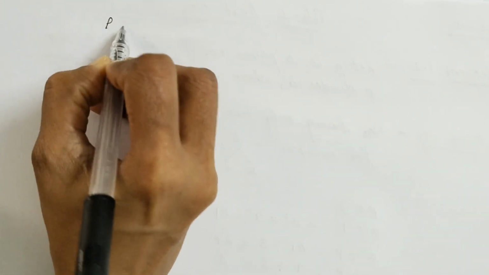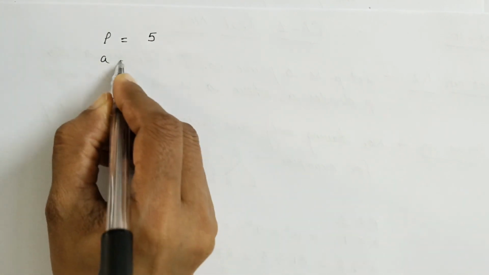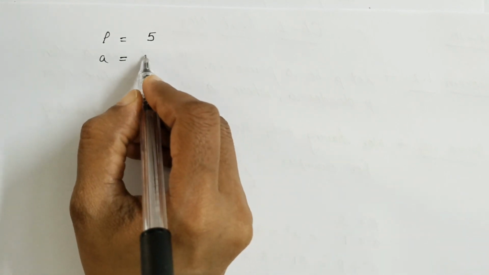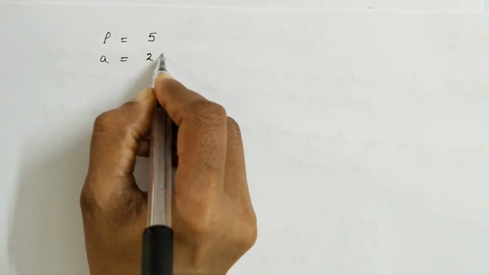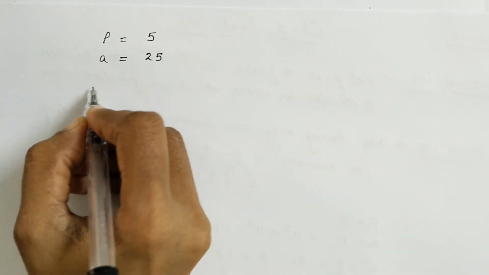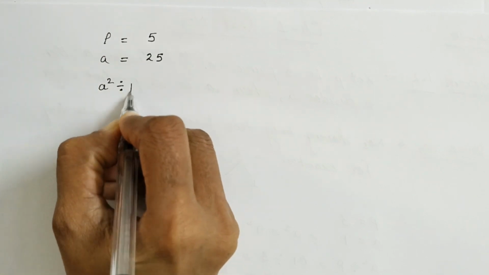For better understanding, let's take another number. P is a prime number, so earlier I have taken 3, now I'll take P is equal to 5. Now A I am taking any number you can take, let's take 25. Now they are saying if P divides A square, for this I need to find out A square.